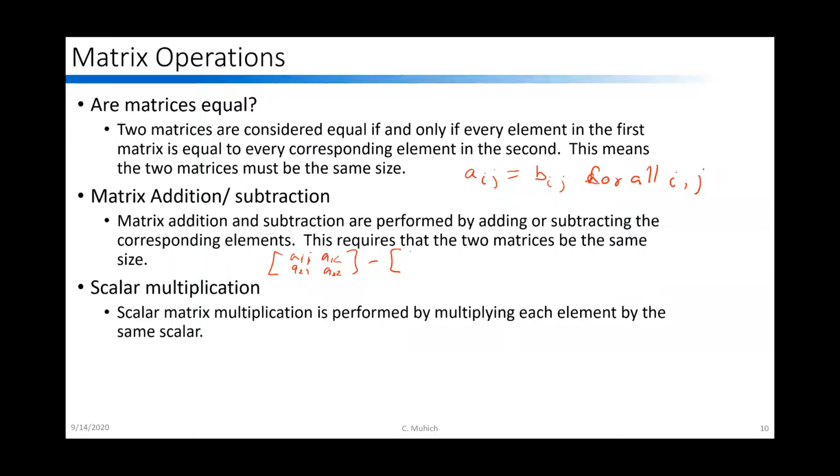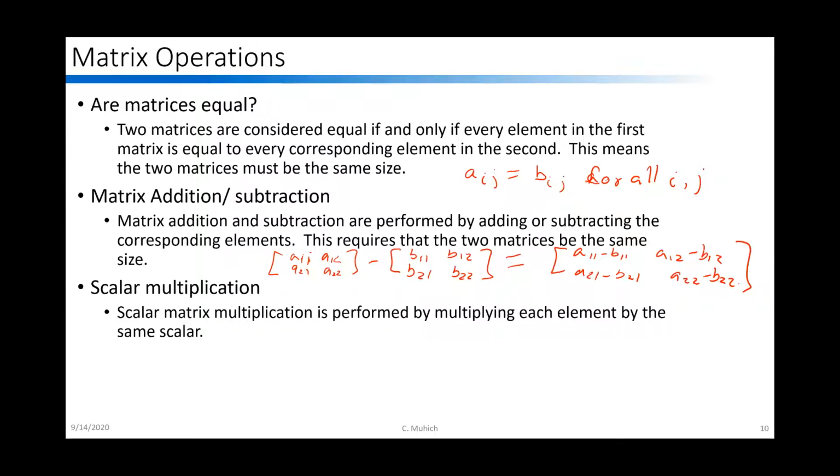So say B11, B12, B21, B22. When I subtract them, I get a matrix that's each element subtracted from the other. So A11 minus B11, A12 minus B12, A21 minus B21, A22 minus B22. And then the same thing would go for addition rather than subtraction.